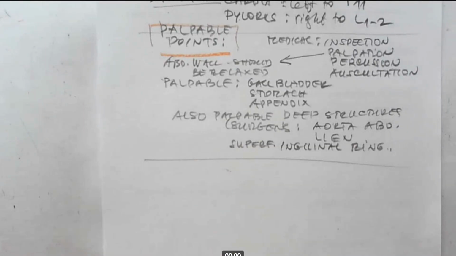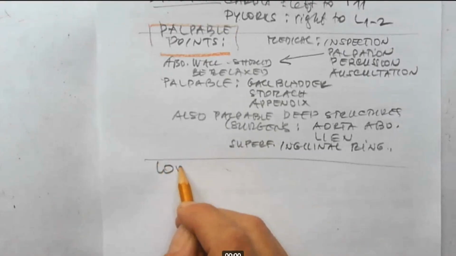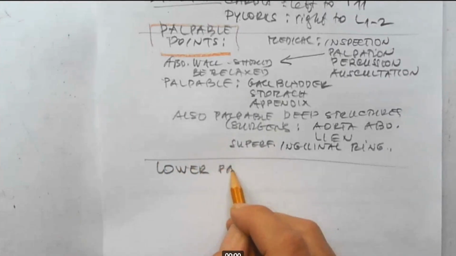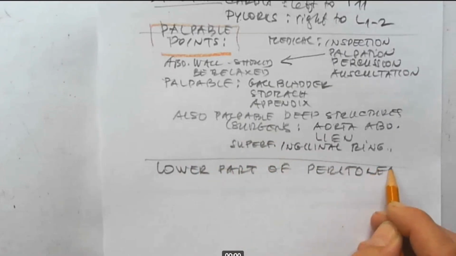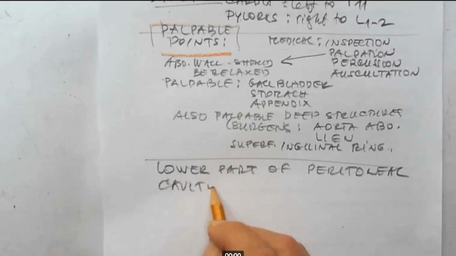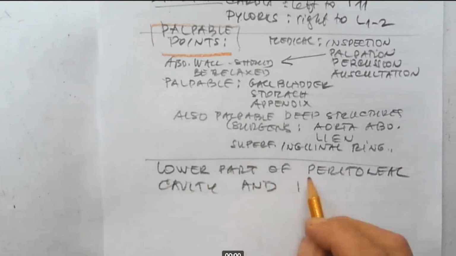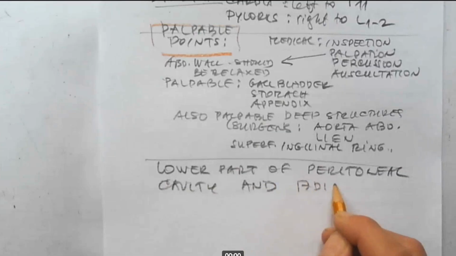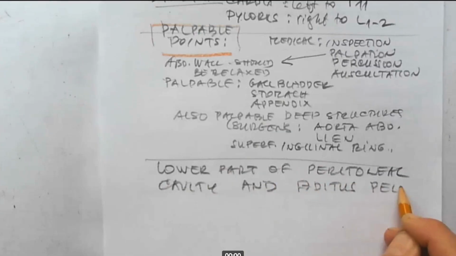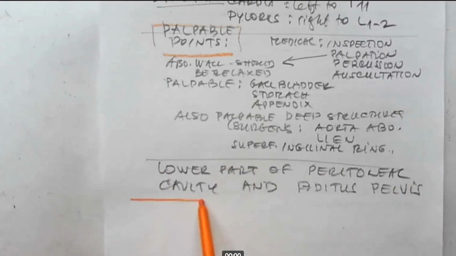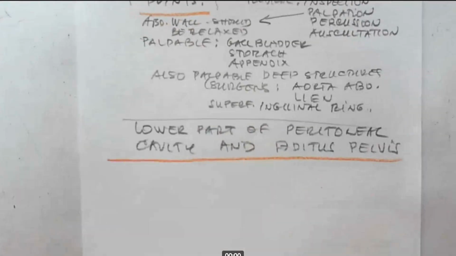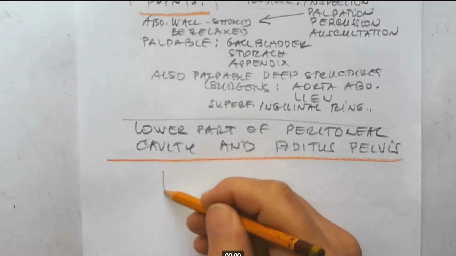Then we look at the specific situation. We are leaving the abdominal cavity, approaching the pelvis. So we have to say that there is a part which could be the lower part of the peritoneal cavity, and the pelvis, and aditus pelvis. That's it, because aditus pelvis is the terminus technicus, or superior pelvic aperture, and we could explain it using maybe one simple sketch.